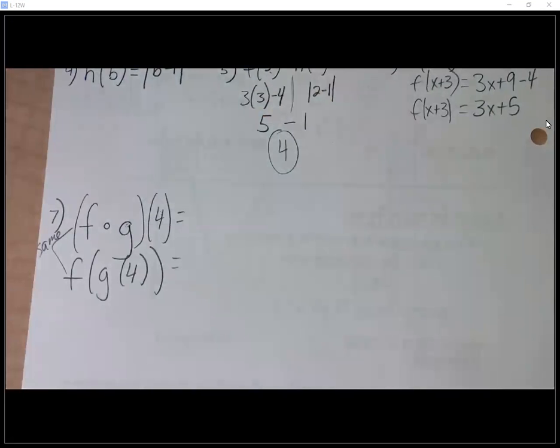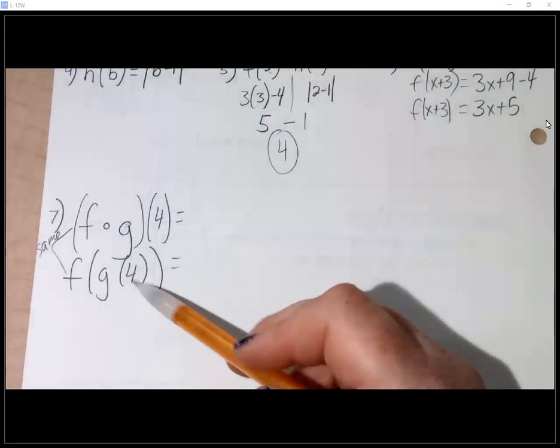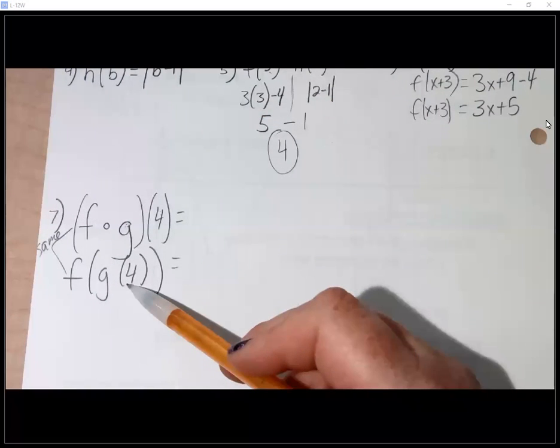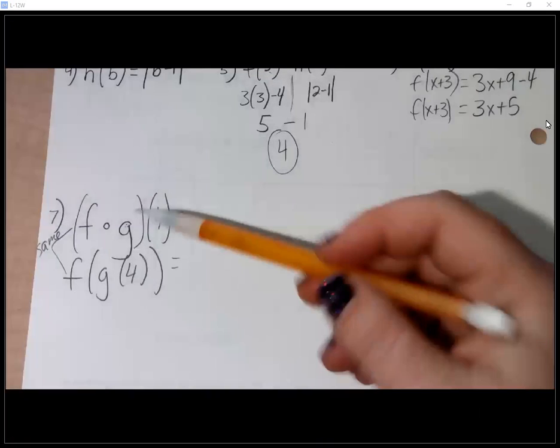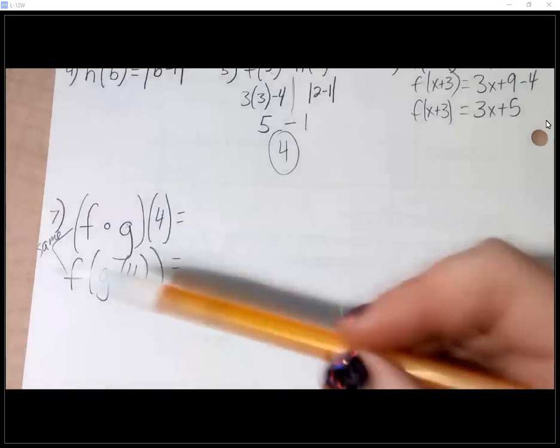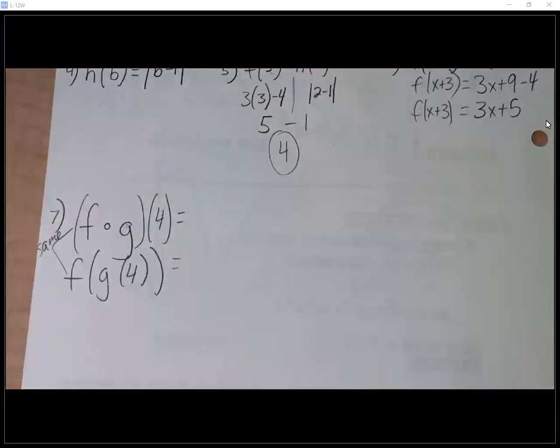So this lays it out a little easier: take 4, plug it into the g, and then take that answer and plug it into the f. The order matters, and I need you to be familiar with both. So you would start with the g function, plugging in 4, get an answer, and plug it into f. Go ahead and try it. Plug 4 into g, get your answer, and then take that answer and put it into f.